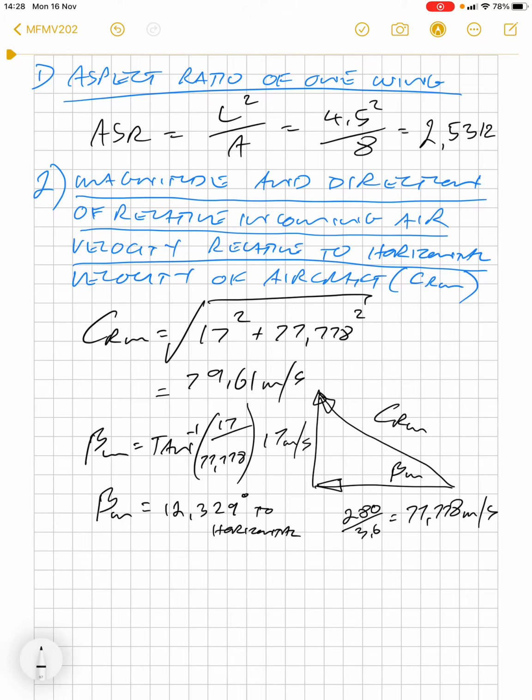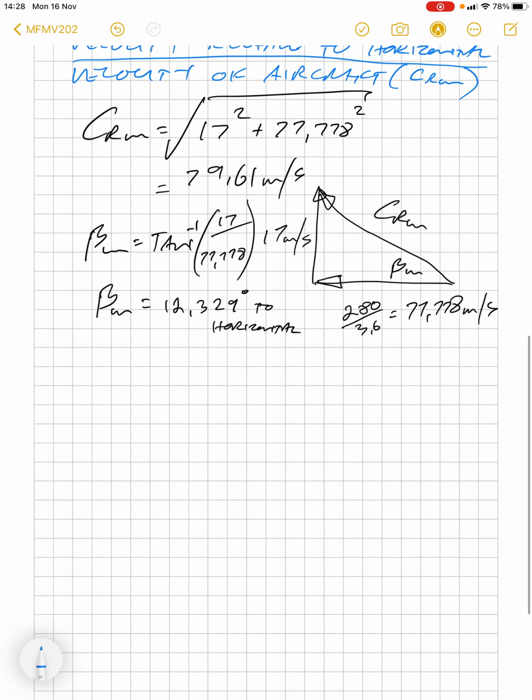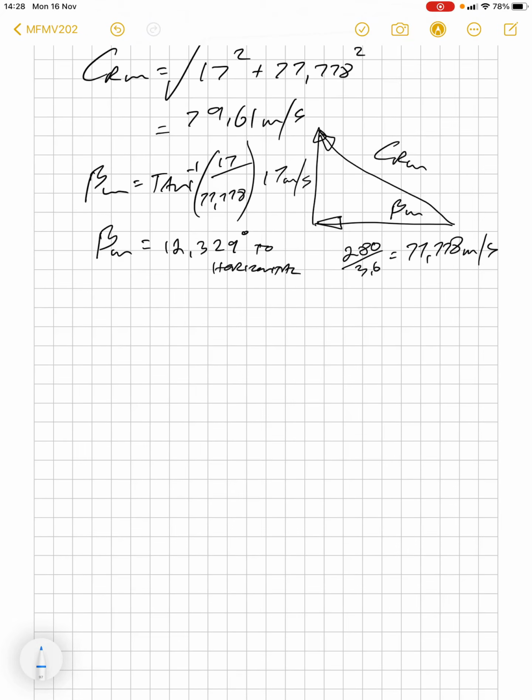Alright, so that's what we needed to calculate. The third question is the vertical lift force produced by both wings.